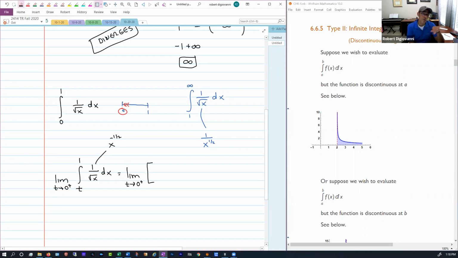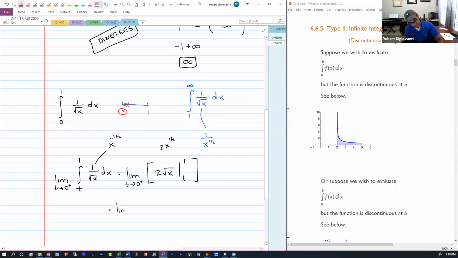So you do your power rule, and you should get 2 root x, which is the same as 2x to the 1/2. You can double check that. If you take the derivative of that, you should get the other one. So that's just power rule, t to 1.